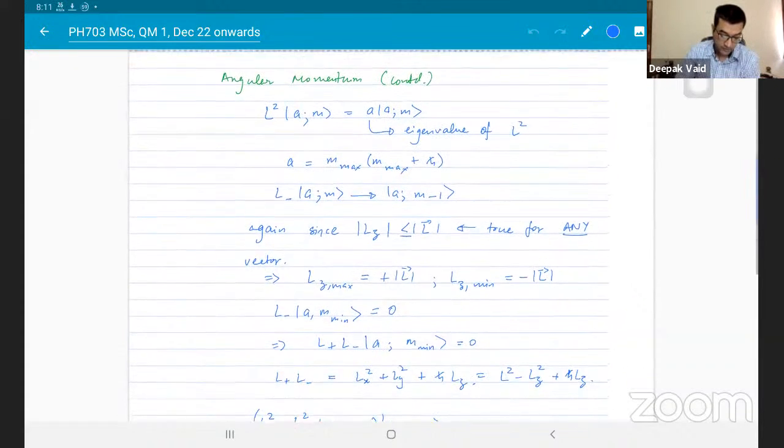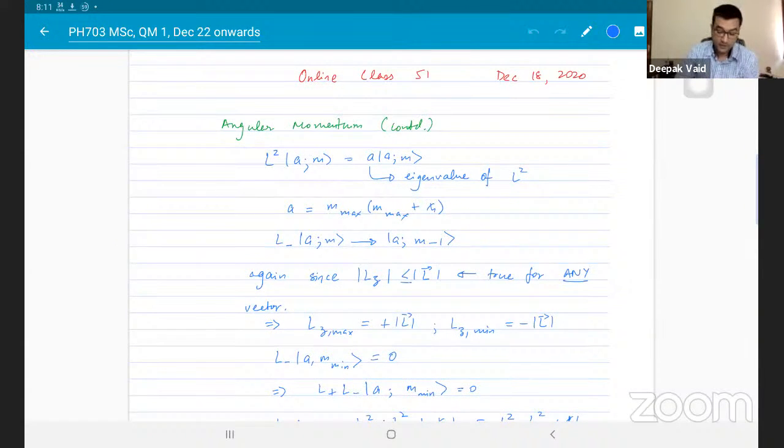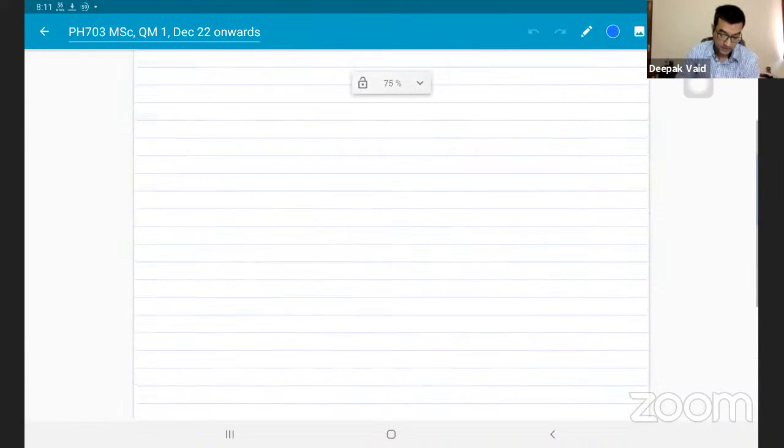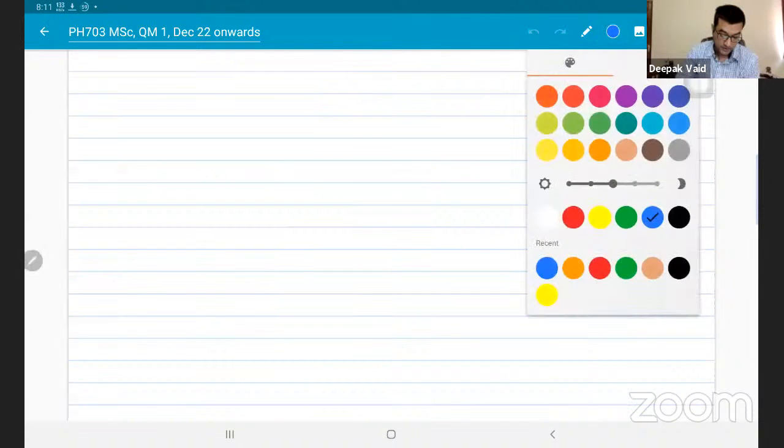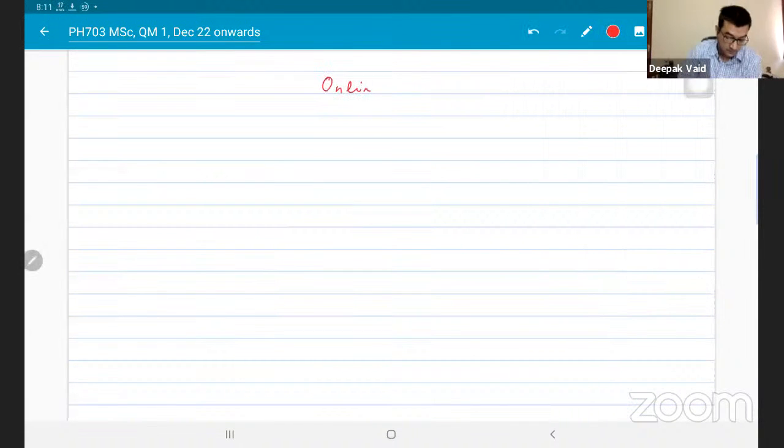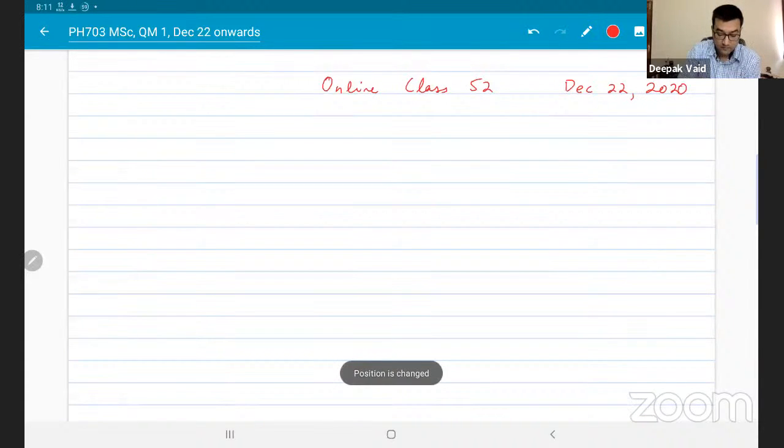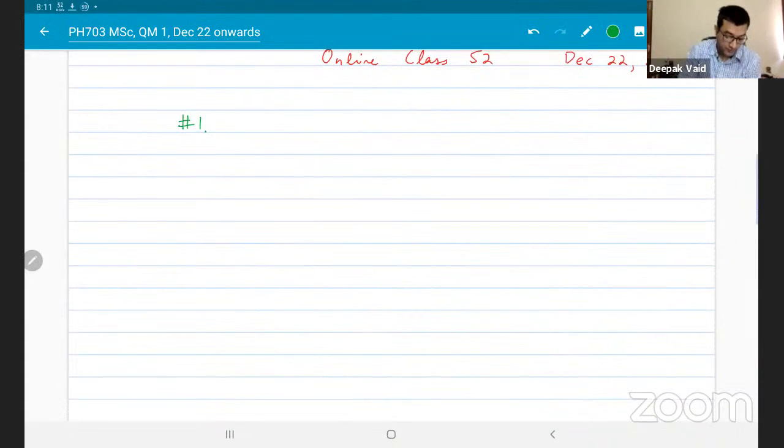And so what we have found is, let me just go over the steps. Right. So first you construct a complete set of commuting operators.